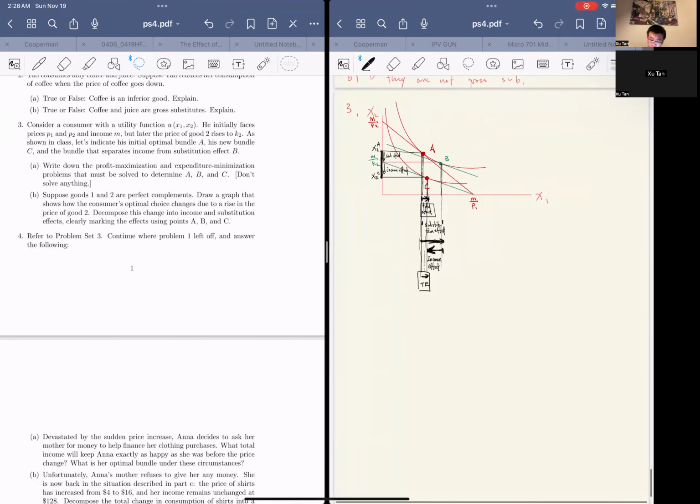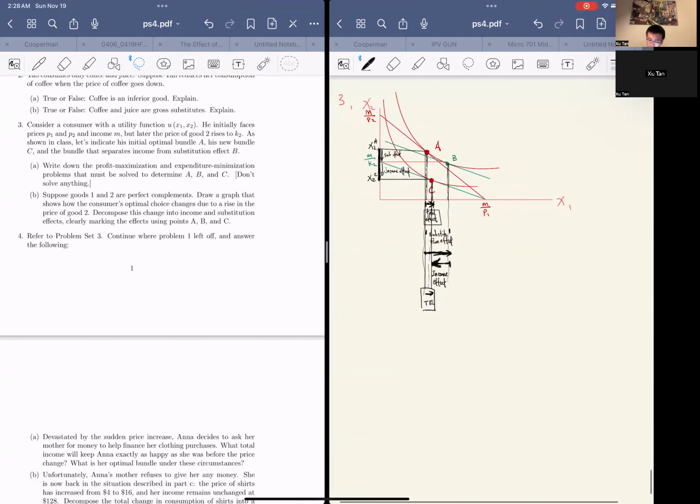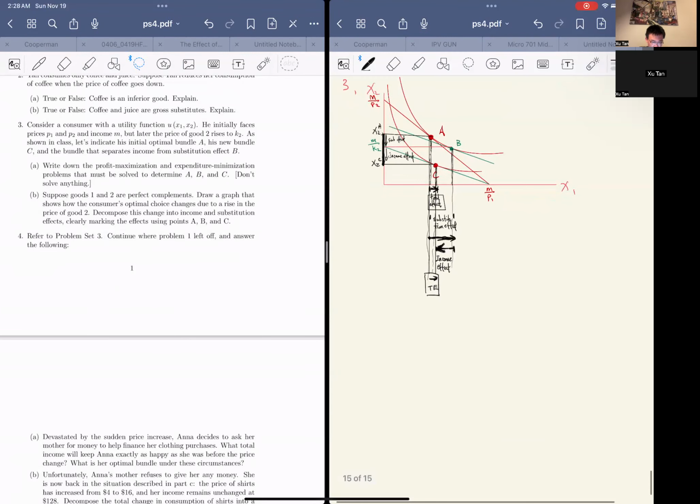You don't necessarily need all the things; I think it's just asking you to write down the setup. So let's do A: the utility maximization and expenditure minimization problems that must be solved to determine A, B, and C.